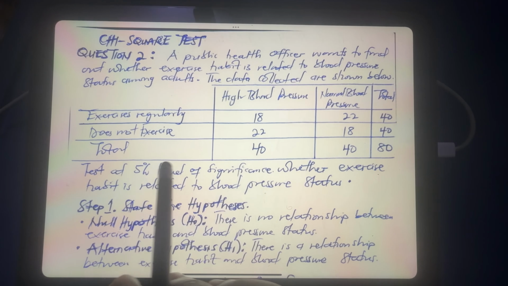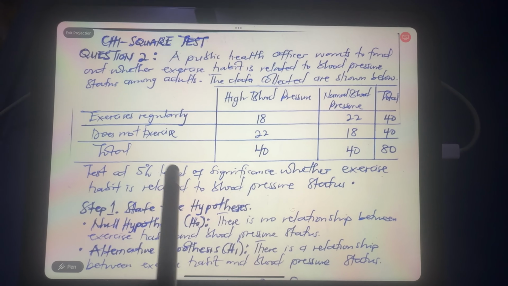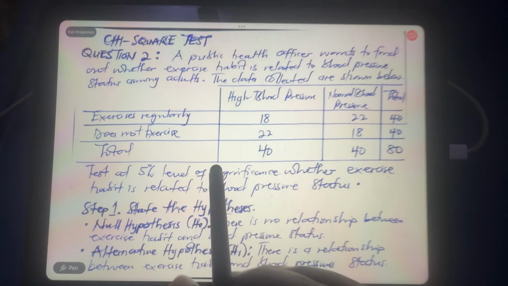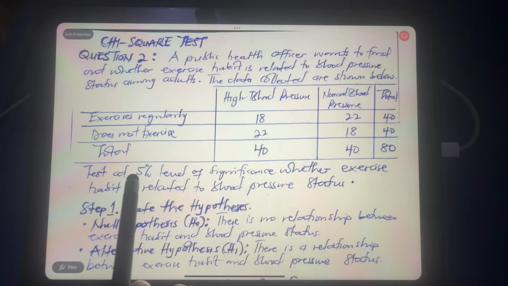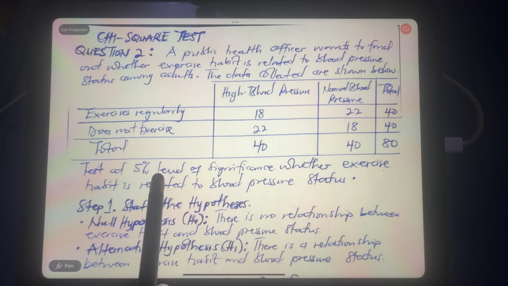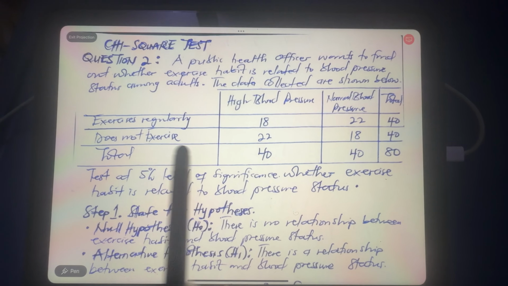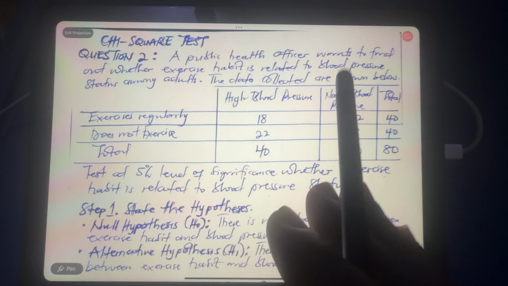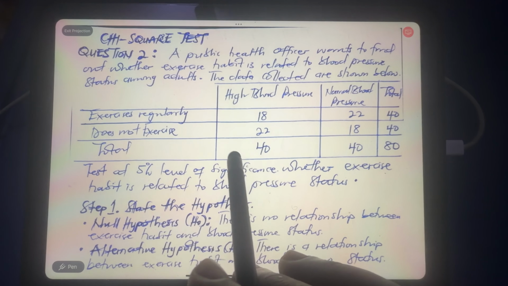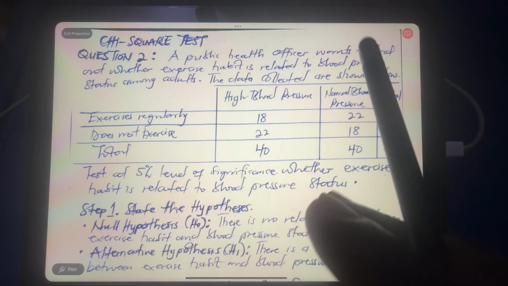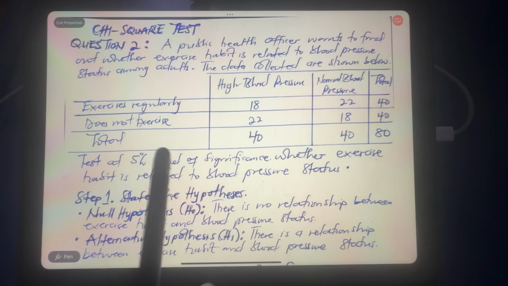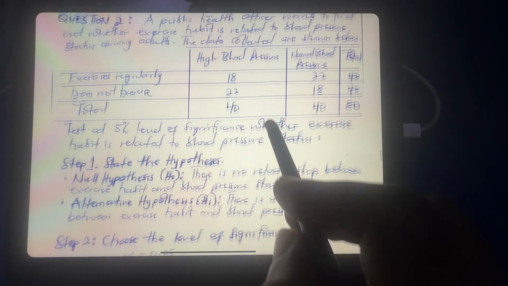This 5% significant level is the same as 5 over 100, and 5 over 100 is 0.05. Now, in statistics, the significant level is what we also call the alpha level. Put that in mind. Now, let's start with the solution.